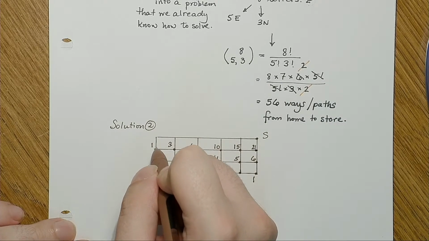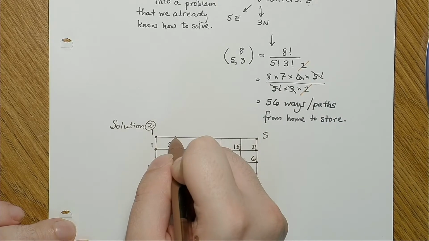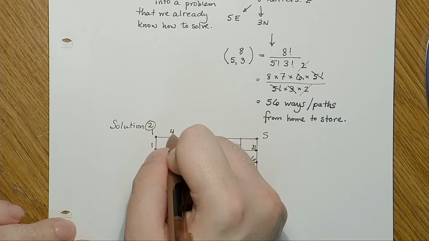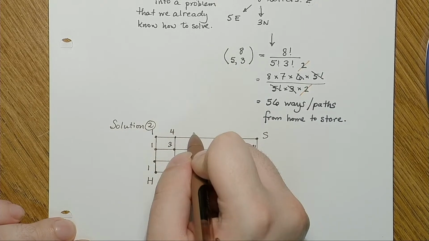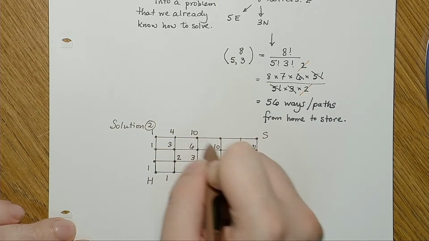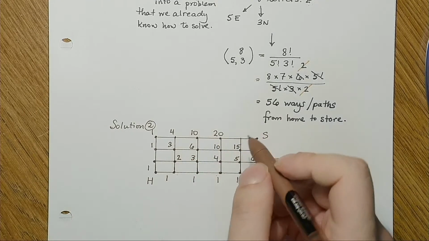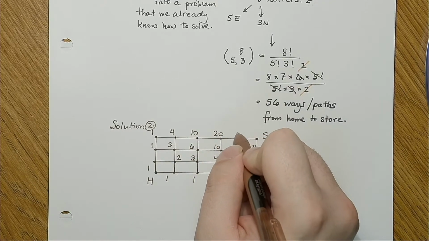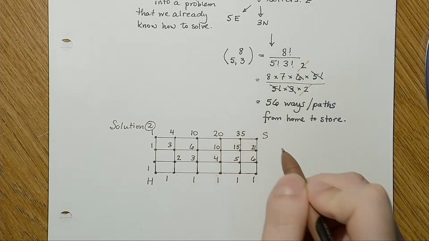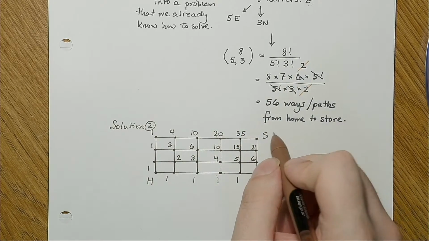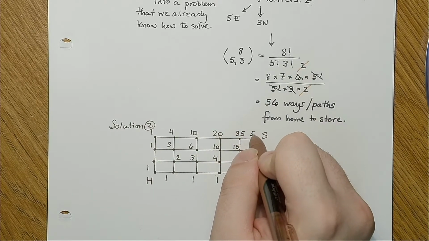So there's 1, 2. Here's that last one. 1 plus 3 is 4. 4 plus 6 is 10. 10 plus 10 is 20. 20 plus 15 is 35. And 35 plus 21 gives me 56.